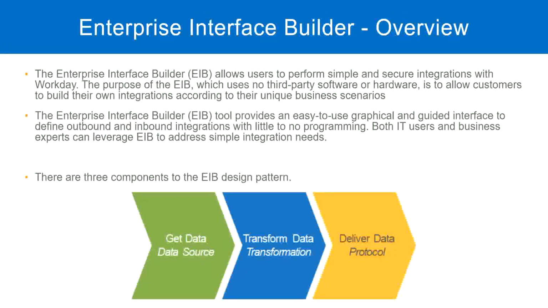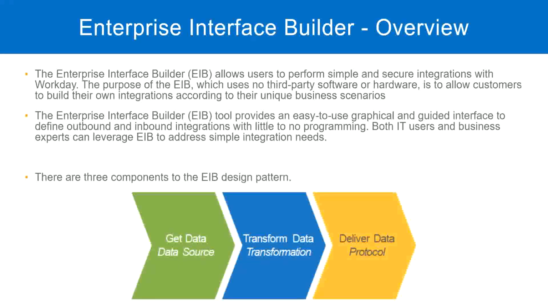When we create an integration using EIB, we will see these 3 steps there as well: get data, transform data, deliver data. These are the 3 components in an EIB design pattern. So we are going to configure these 3 steps. Get data: where are we going to get the data from?